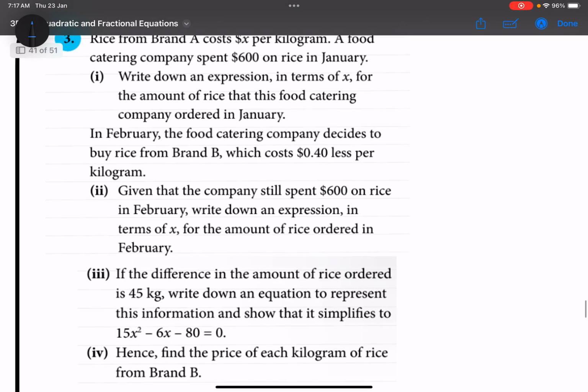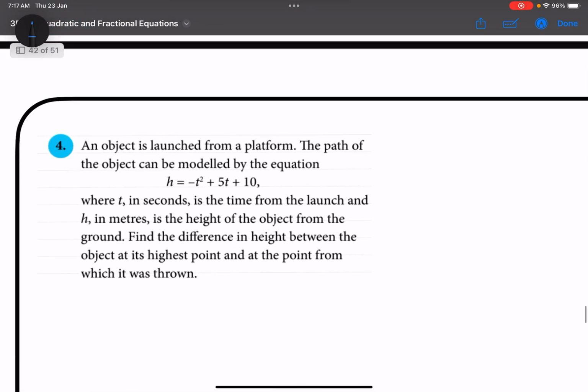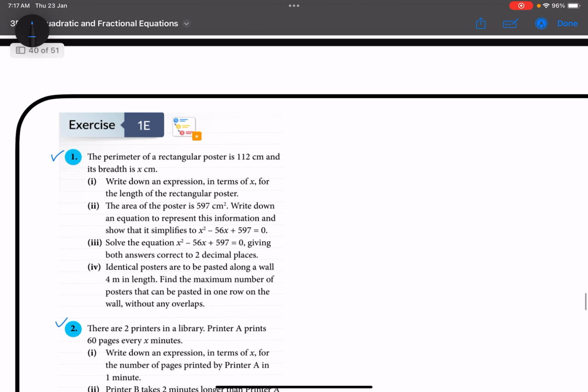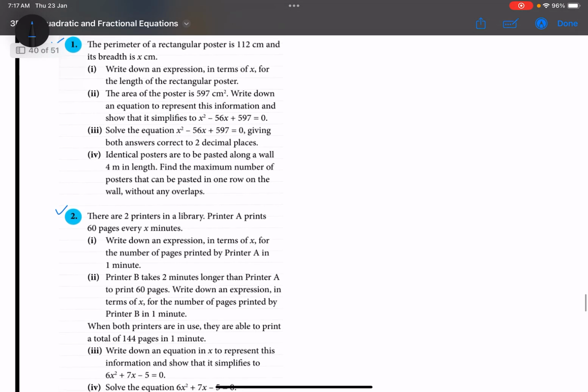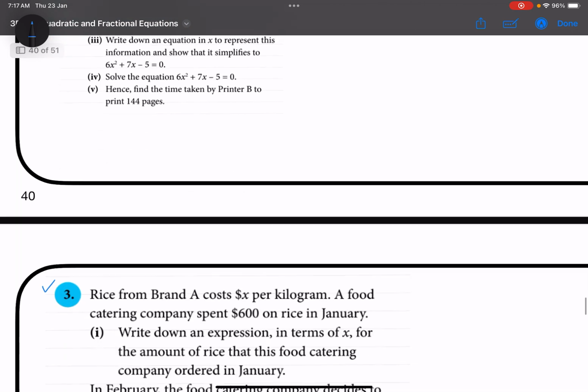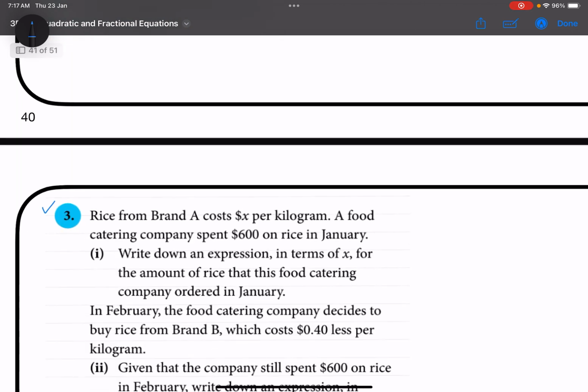Stop at 3. You settle all the blue dots for me, can? Settle the blue dots for me. 1, 2, 3. Cannot do, I will come back and help you settle tomorrow. Okay? Finish my work. Worksheet 1, fractions. Worksheet 2 is the Sec 2 worksheet that's on quadratic equation. Then you have 1, 2, 3 down here. Today is Thursday, so you expect a lot of homework. Okay, get it done. I'll see you tomorrow.